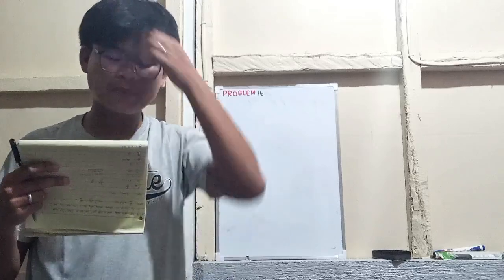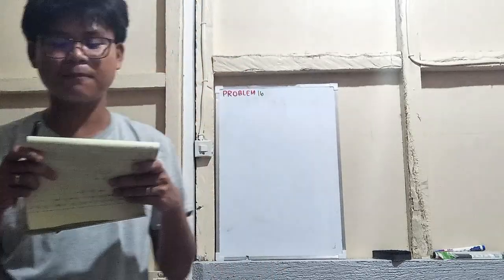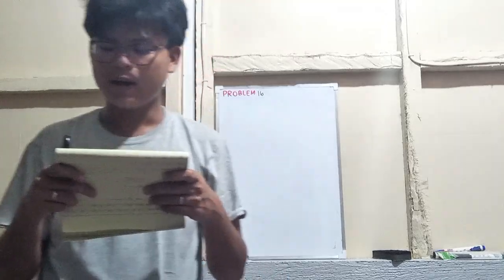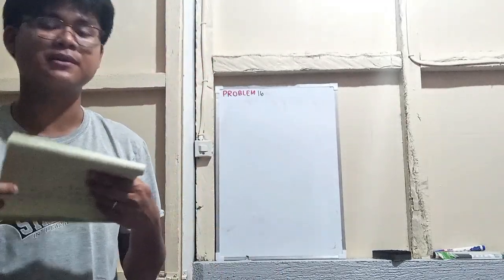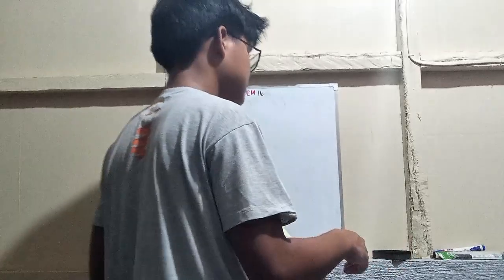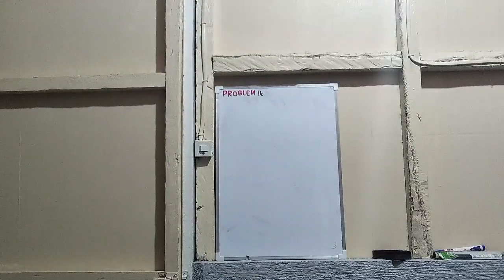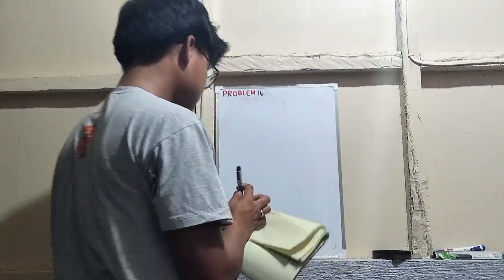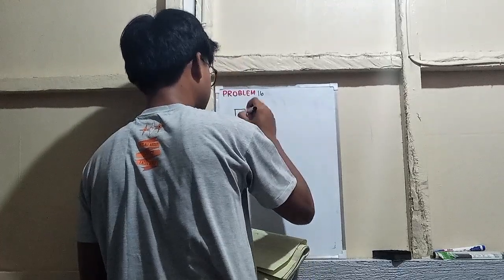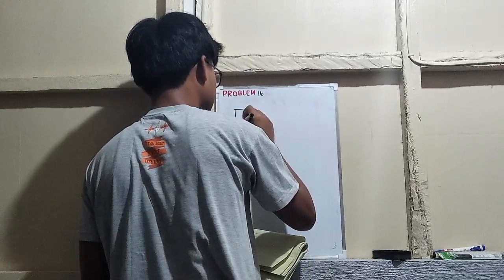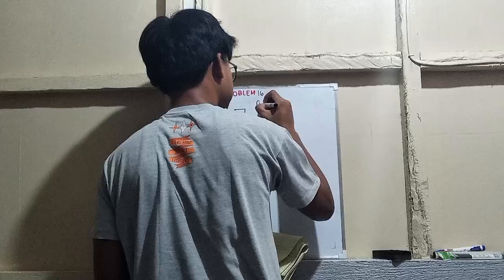So a square field is expanding so that its area increases at 8 meters squared per second. How fast is the side length increasing when the side is 10 meters? So first we'll draw the square field and we'll identify the given in the problem.